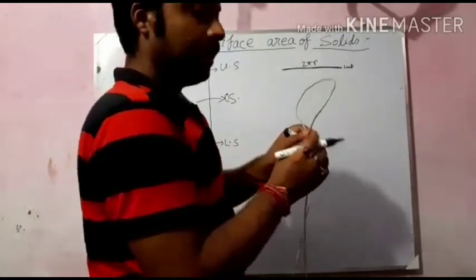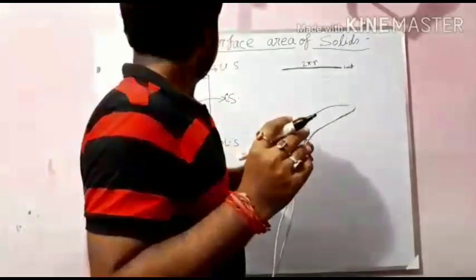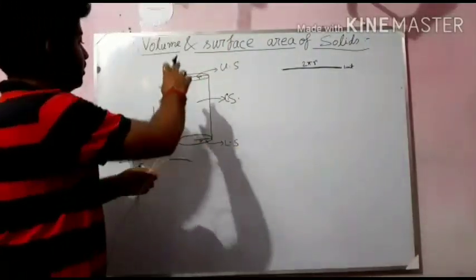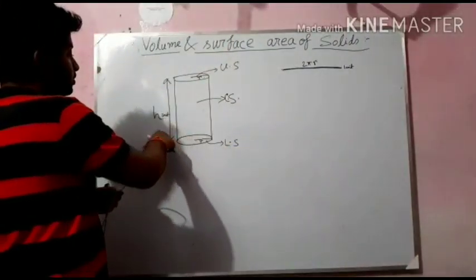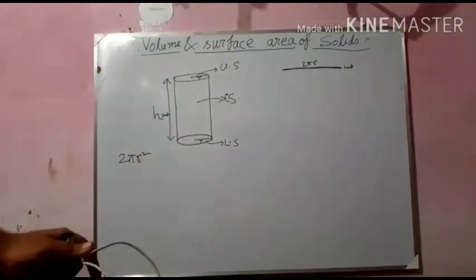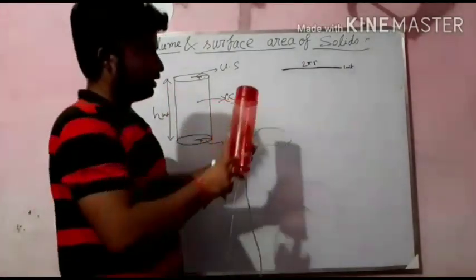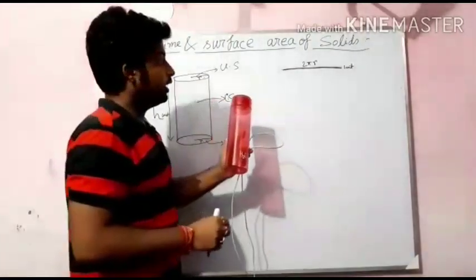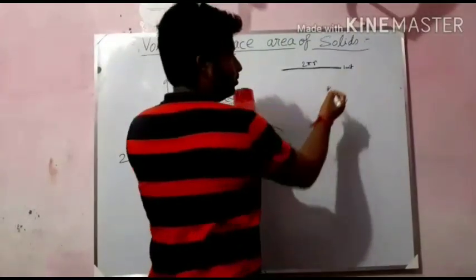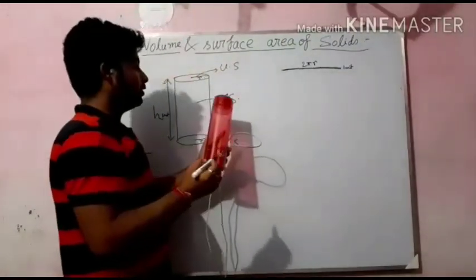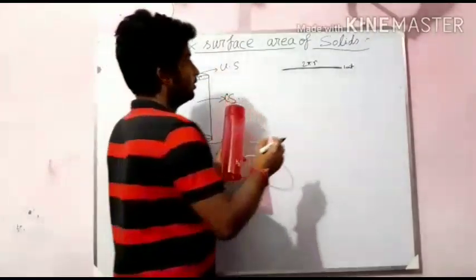Suppose I am covering the bottle totally, that is, suppose the height of the bottle is h unit and I have just covered 1 unit. Now I have to cover h unit.